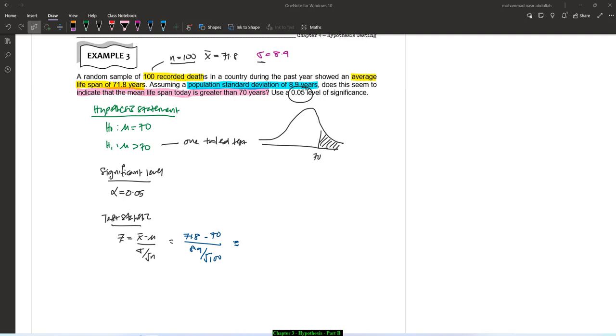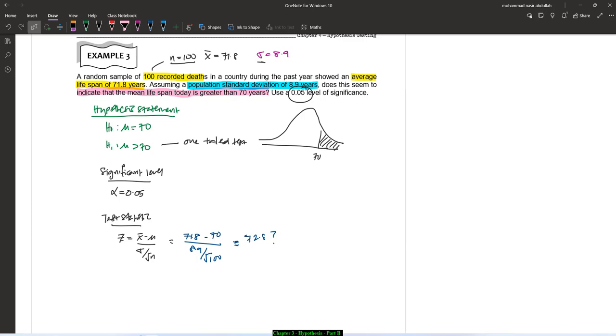How much? 72.8. Is it correct? Can you recalculate for me? Can anybody confirm it? Make sure you calculate correctly.